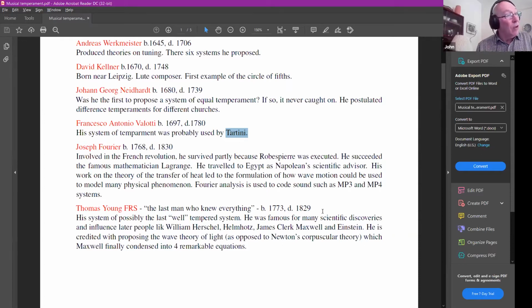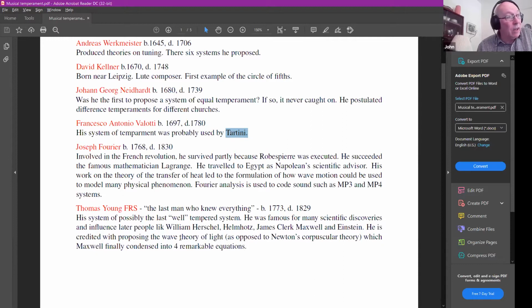The last man who made an attempt at it was a man called Thomas Young. Now, he was a fellow of the Royal Society. He was regarded as the last man who knew virtually everything. And he proposed, for example, the wave nature of light.